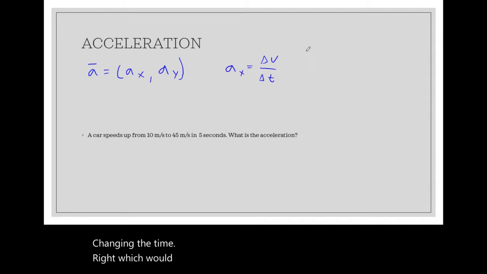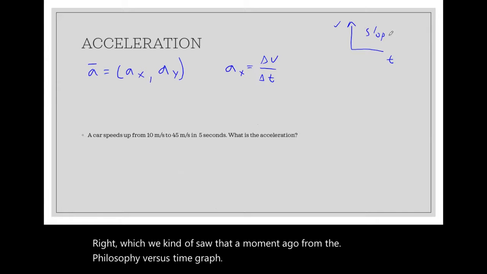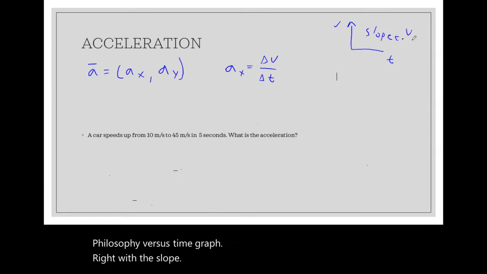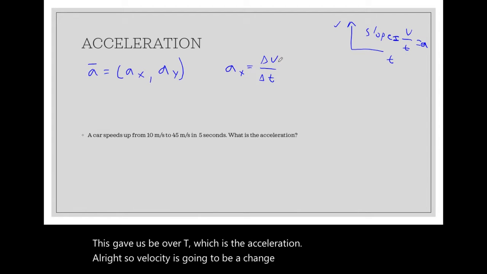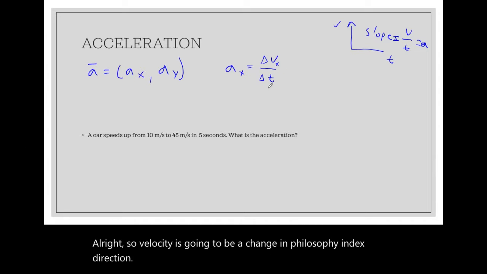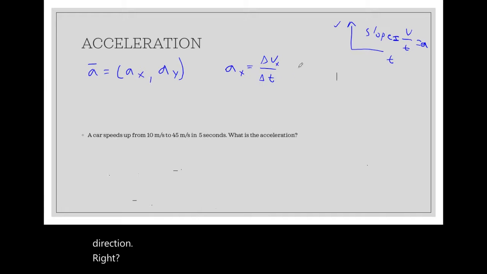Which we kind of saw a moment ago from the velocity versus time graph, right? With the slope that gave us v over t, which is the acceleration. All right, so acceleration is going to be a change in velocity in the x direction over the change in time.